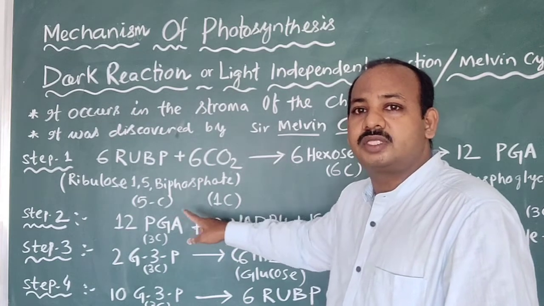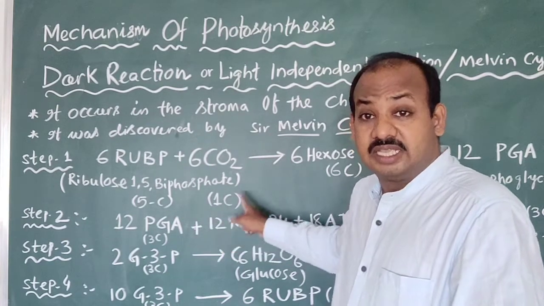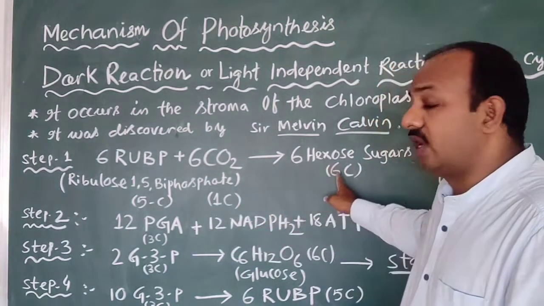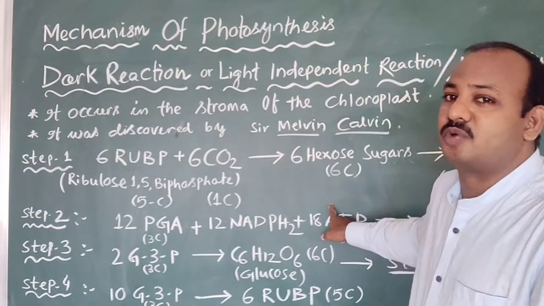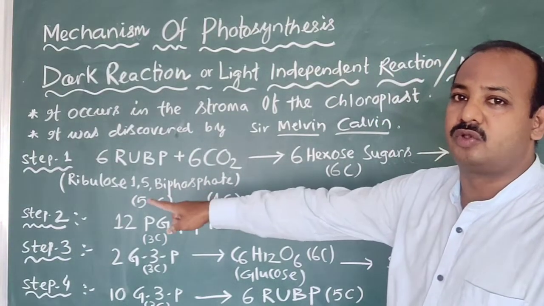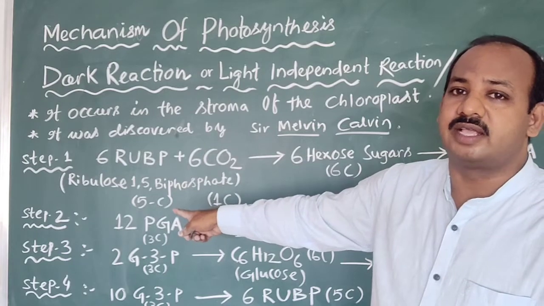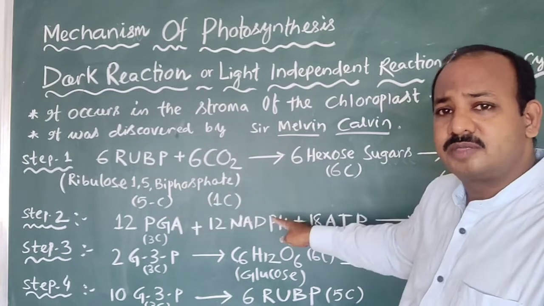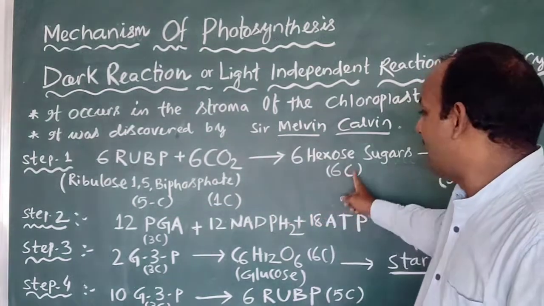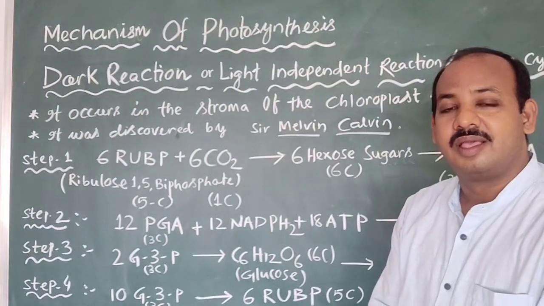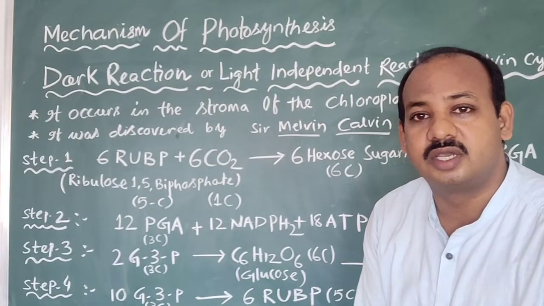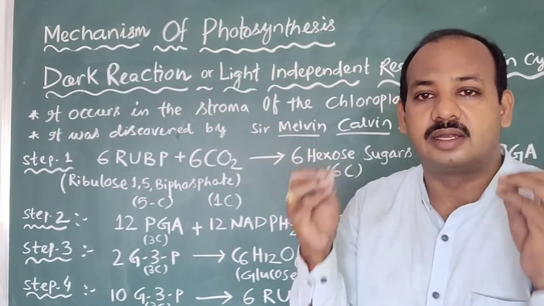So 5 plus 1 means a 6 carbon compound, that is called hexose sugar, is produced. Because 6 molecules of RUBP and 6 molecules of carbon dioxide we have taken, 6 molecules of hexose sugar are produced. But this hexose sugar is highly unstable.